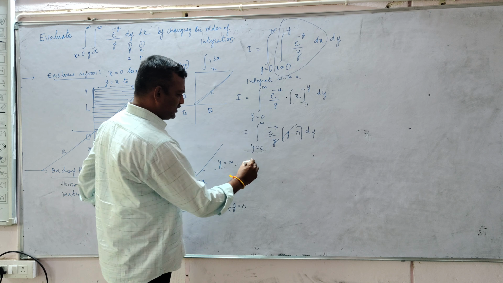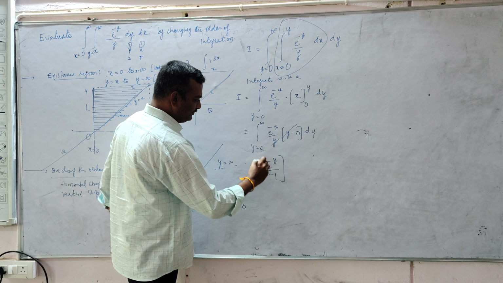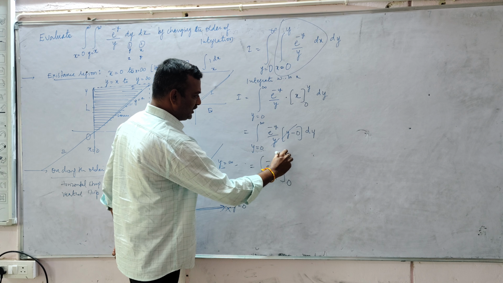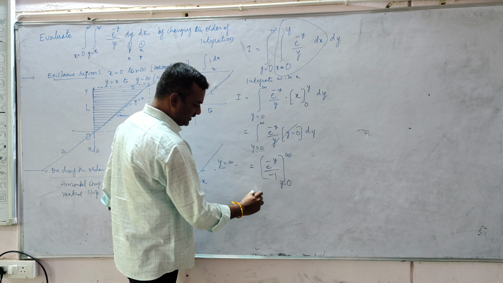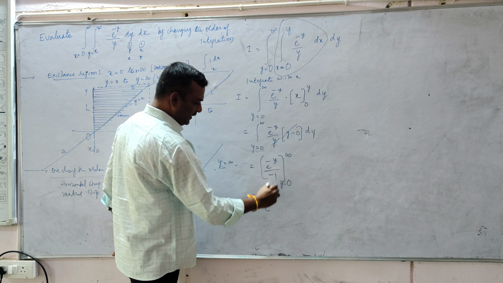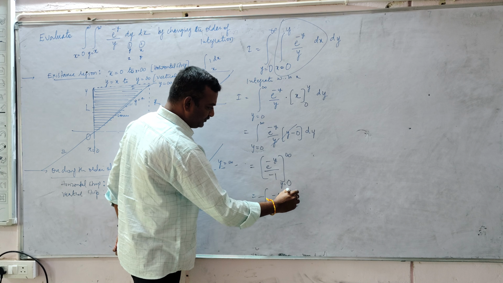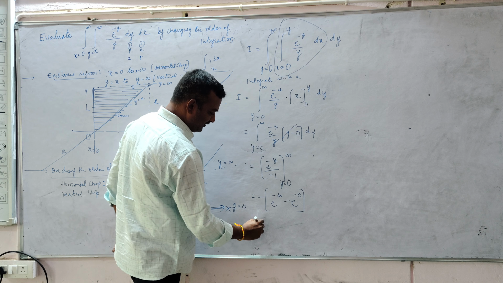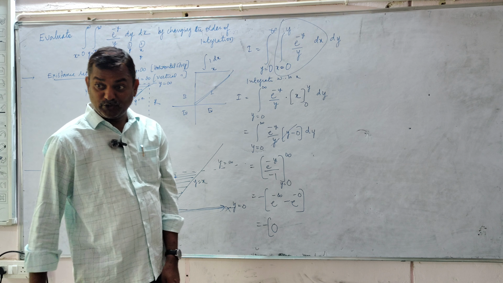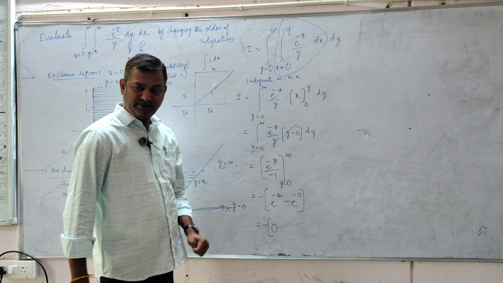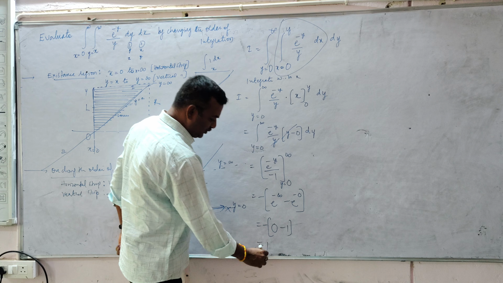Integration of e raised to minus y is e raised to minus y divided by minus 1, between the limits 0 to infinity. So take this minus outside, substitute the upper limit: e raised to minus infinity minus e raised to minus 0. What is the value of e raised to minus infinity? 0. Remember, e raised to minus infinity is 0. I will tell you why. This is 1. The answer is 1.